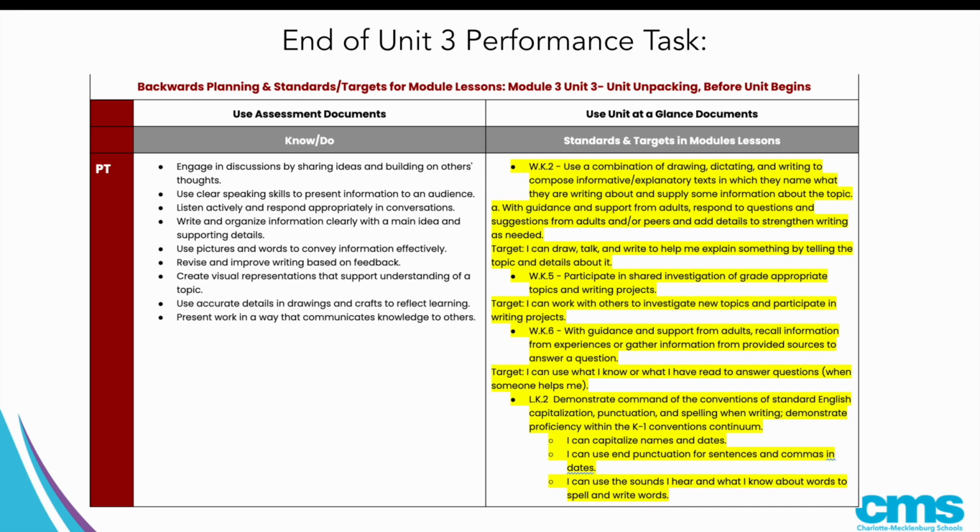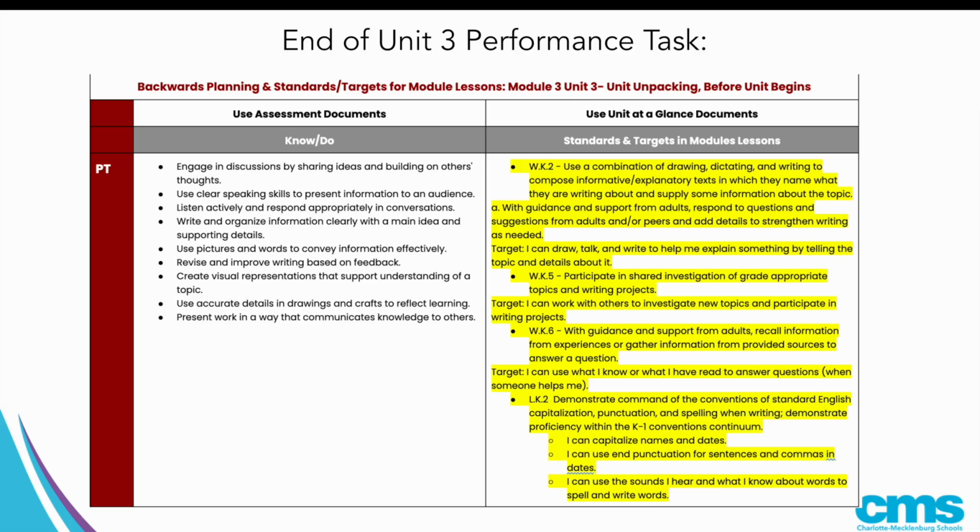So here are some things that students will need to be able to know and do for that end of Unit 3 performance task. They're going to be engaging in discussions, use clear speaking skills, active listening, write and organize information clearly, use pictures and words to convey a meaning, revise and edit their work, create visual representations, use accurate details and drawings, and then present work in a way that communicates knowledge to others.